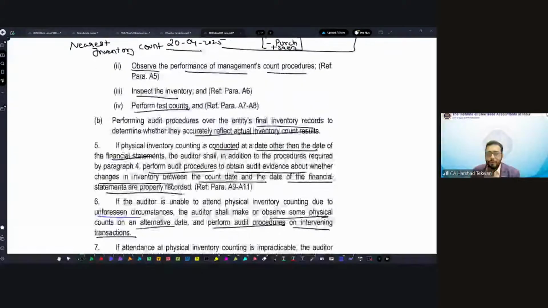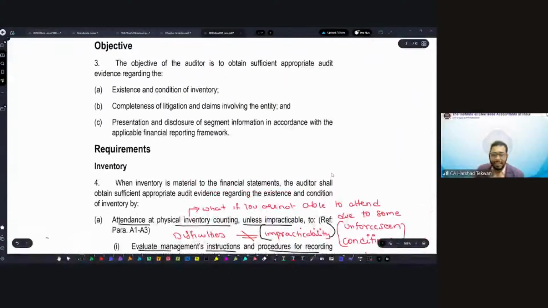That is something you need to do with respect to the existence and condition of inventory. Clear? This is the one particular part, existence and condition of the inventory. Any doubt with respect to this one? Yes, sir. Clear, sir.